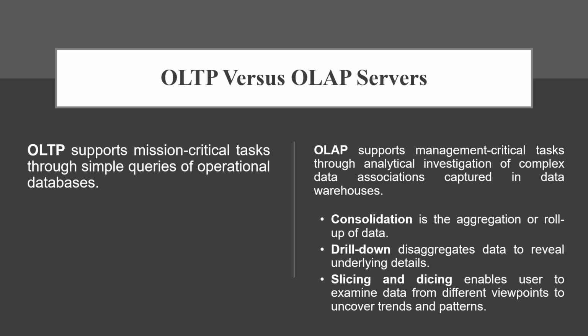OLTP, as we said, online transaction processing, supports mission critical tasks through simple inquiry of the operational database. So it's clear it's about missions and tasks, based on transactions. Whereas OLAP supports management critical tasks through the analytical investigation of complex data captured in a data warehouse.